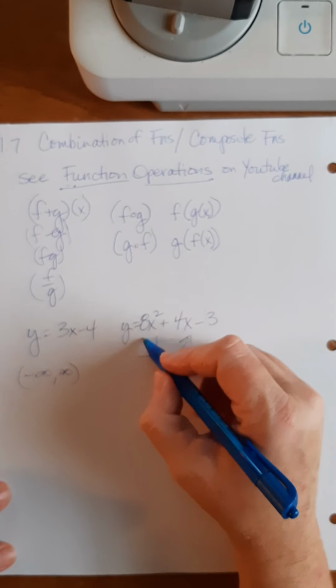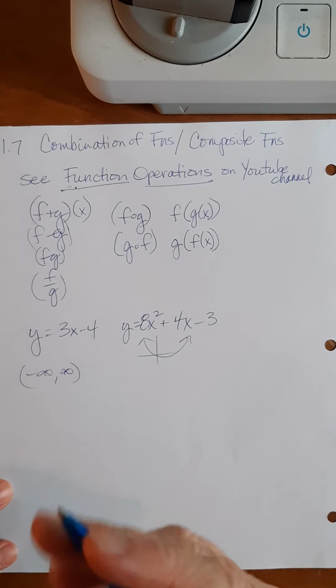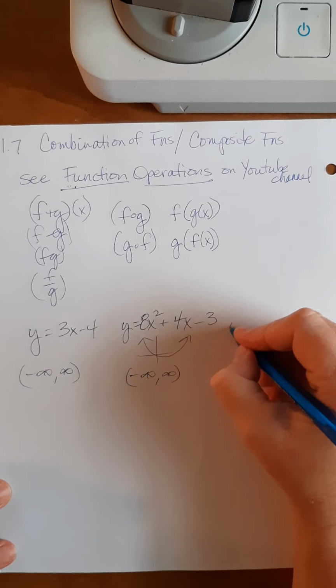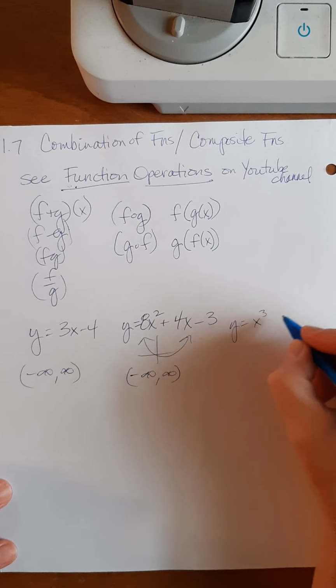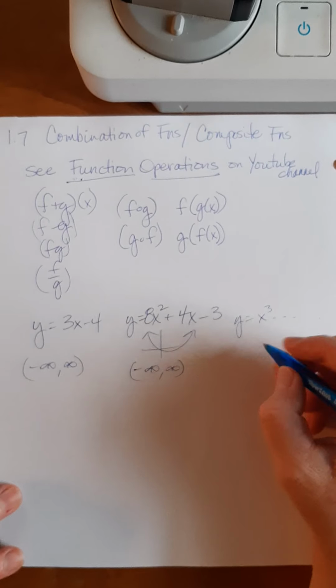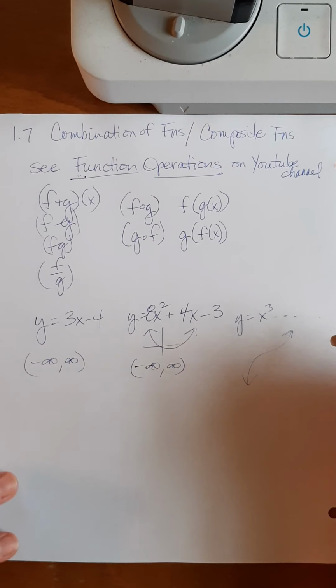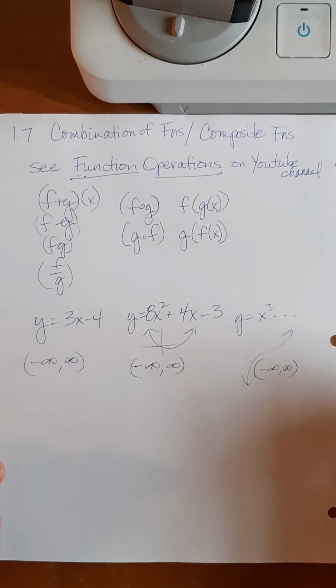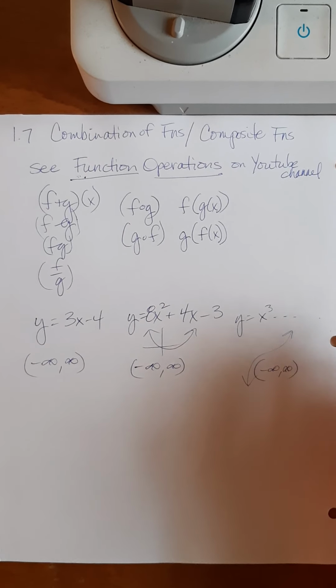It's probably shifted somewhere, but it's just a parabola, so your domain is still all reals. Your basic x cubed, and then same thing, if they added the subsequent terms, it's still going to be all reals.